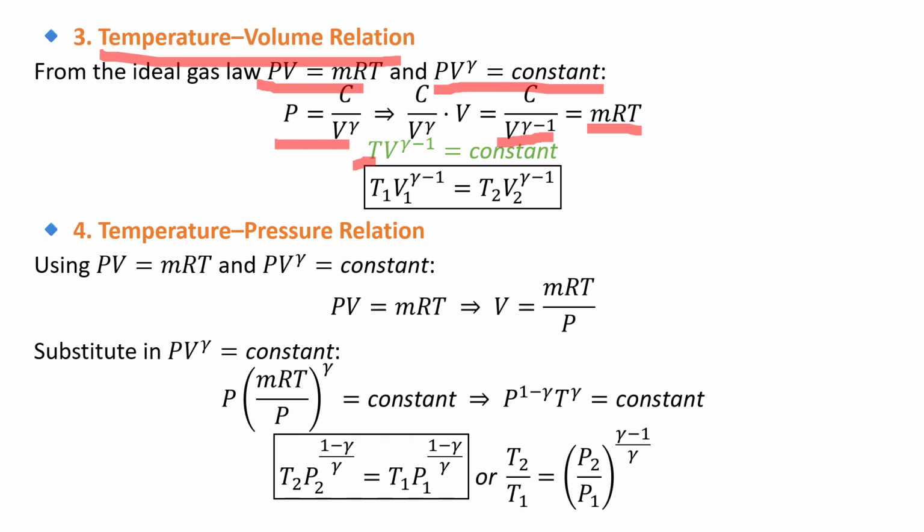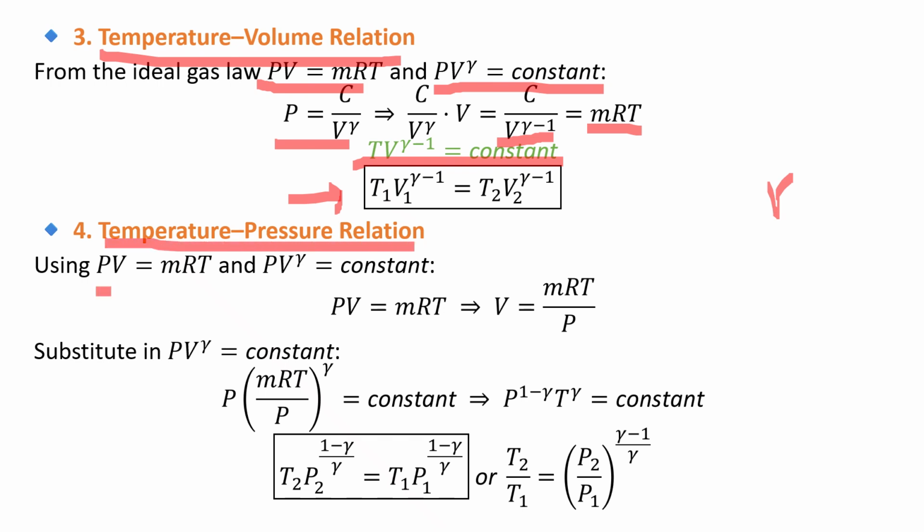Also we know that T V raised to gamma minus 1 is constant, so we get the relation T1 V1 raised to gamma minus 1 equals T2 V2 raised to gamma minus 1, where gamma is the adiabatic index.